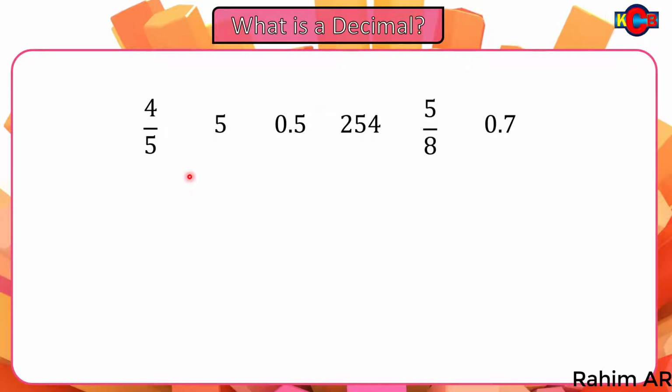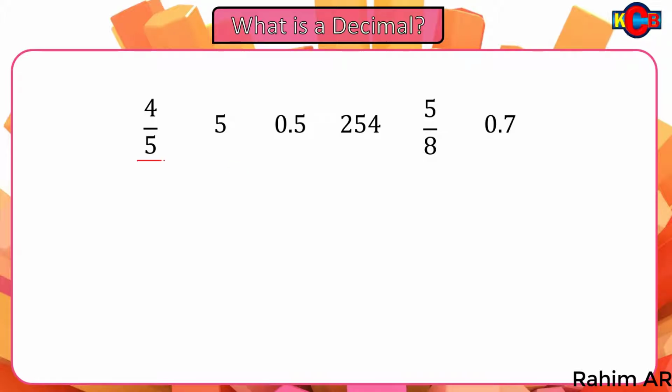We have 6 numbers here. 1, 2, 3, 4, 5, 6. Okay, so which of these numbers are decimals? First, we try to identify the numbers we know.